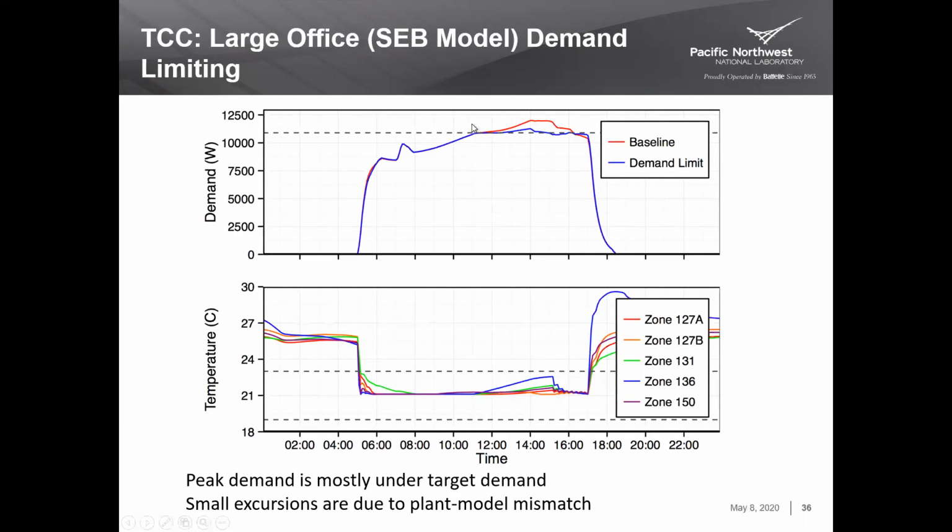So essentially prior to hitting that demand limit, the control is nominal. We're essentially controlling to the normal set points, and then afterwards, we are actually taking some action. The individual TCC agents are responding to that price that's cleared to reach the target.